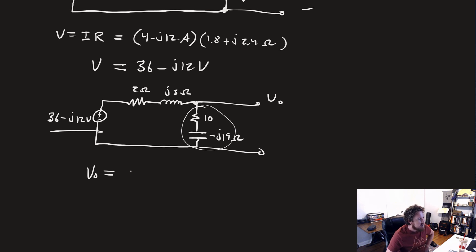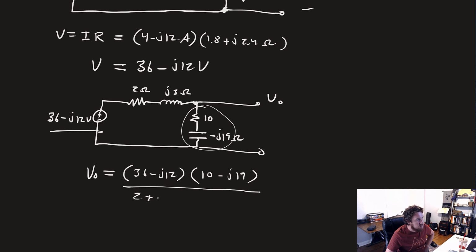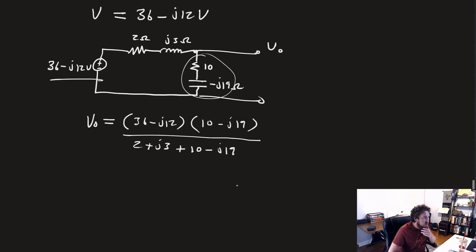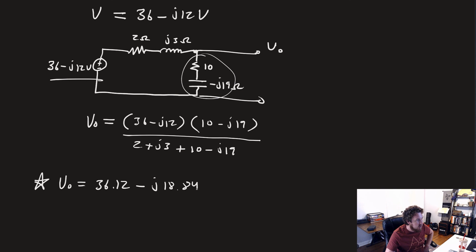So V naught is equal to 36 minus j12 times 10 minus j19, over the sum 2 plus j3 plus 10 minus j19. And when you crunch out all of that algebra, you get our final answer: V naught is equal to 36.12 minus j18.84 volts.